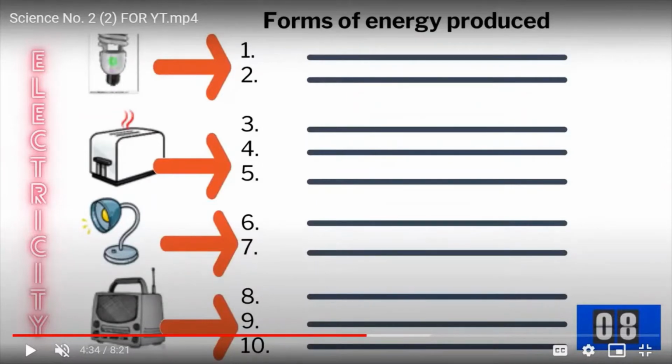For items 6 to 7, what are the energy produced when you are using our lampshade? And for items 8, 9 to 10, what are the energy being produced when we are using our radio? Are you ready? Let's go.